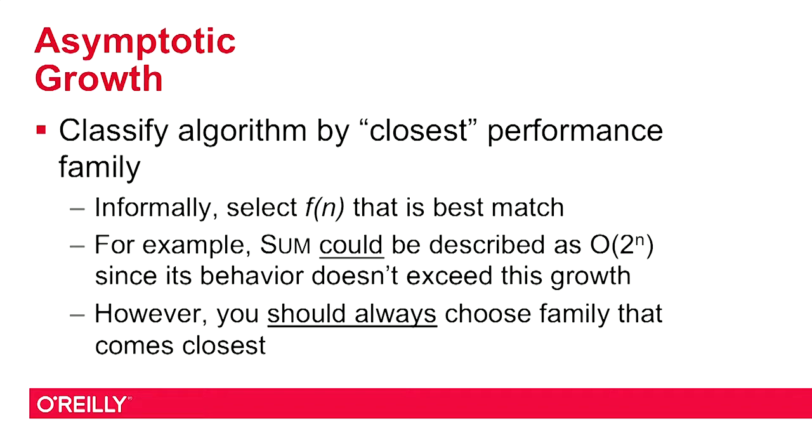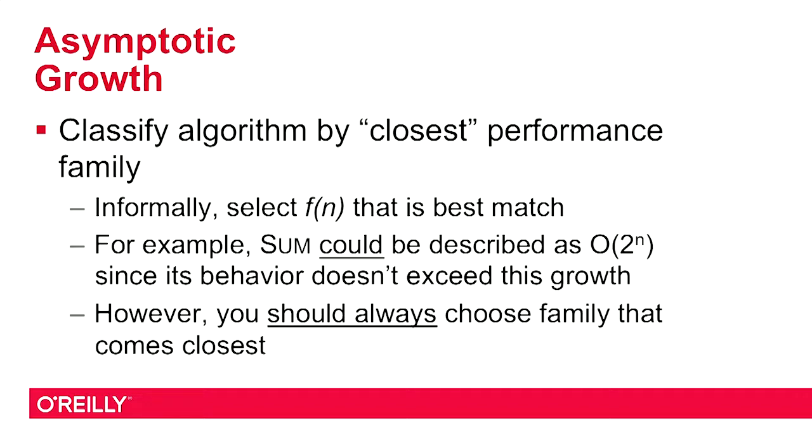And this is what I mentioned earlier about how this is really a shorthand for what is a rather more formal treatment that you would find in textbooks in undergraduate classes in computer science. You want to select a function that has the best match. For example, you could say that sum could be described as exponential because its behavior doesn't exceed that growth rate.